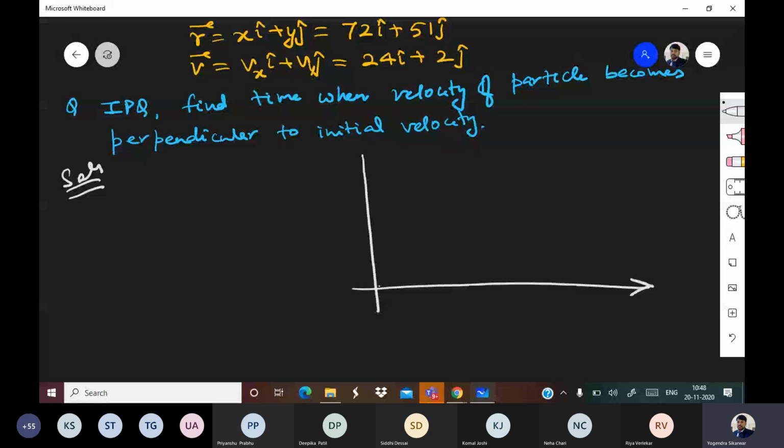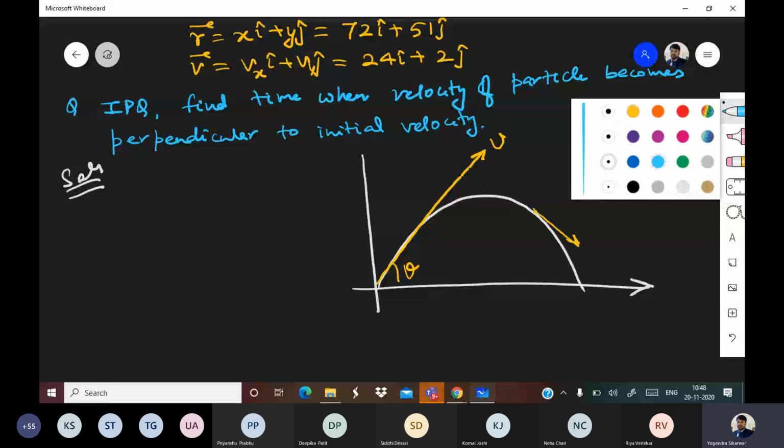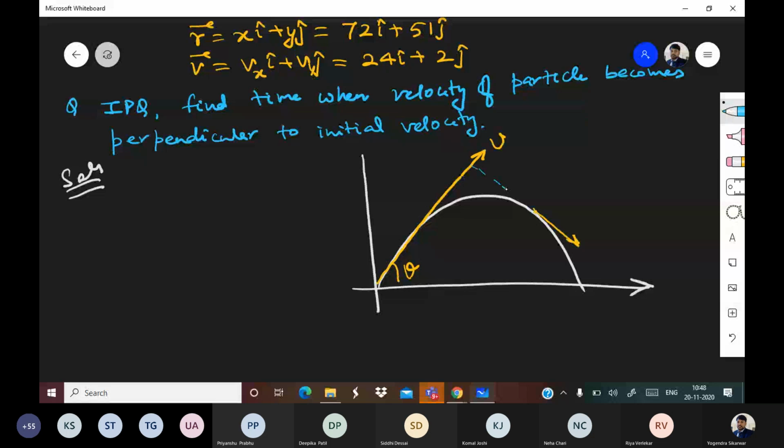When object is projected, it was going like this, u and theta, right? At some moment, let's say object started going in this direction. So when you are extending this further, then this is becoming perpendicular to this. So that is the point P, where object is going perpendicular to its initial velocity.